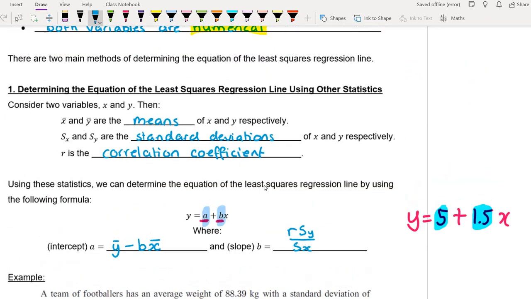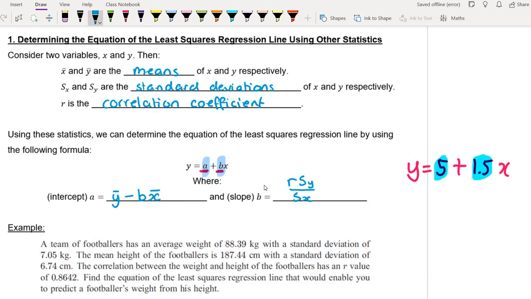Now, we can also find this equation, and this is new for this year, when we know different statistics for our data. Using other statistics, we can find the equation of the line as well. What we need are the mean for x and y, so we have 2 variables.